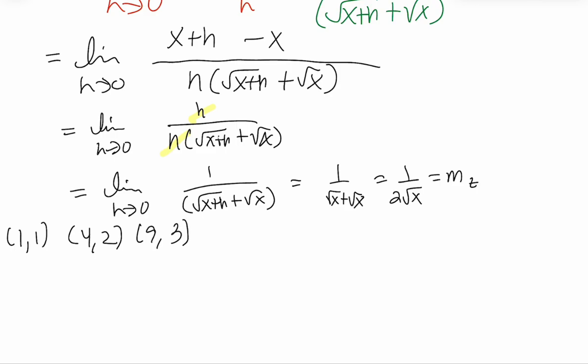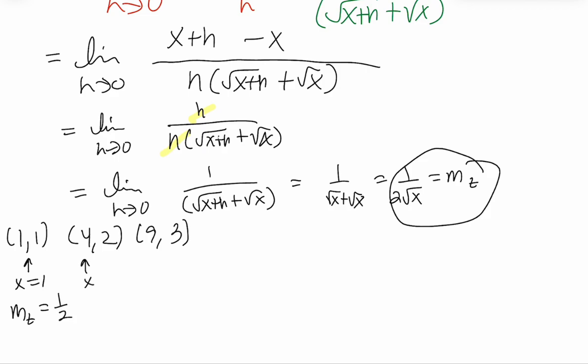Okay. So let's find the slope of our tangent at 1, 1. Now remember, we got this beautiful formula now. So when x is 1, our slope is 1 over 2 times the square root of 1, or 1/2.